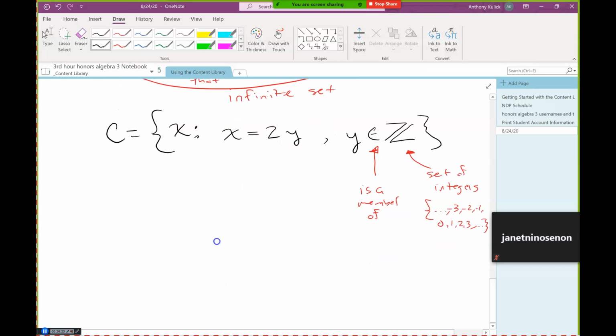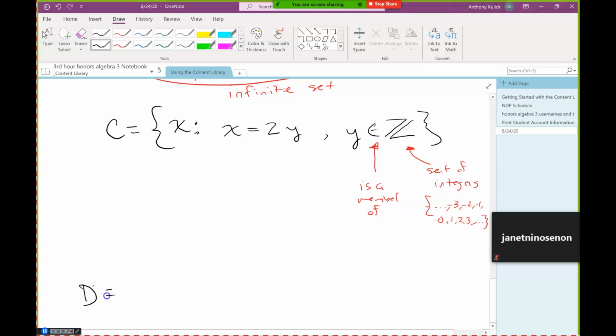What if we wanted the set of odd numbers? So again, if we're just looking for a single number, we'll probably start with the set of x's such that. What's our defining characteristic for an odd number? They're not multiples of 2. So can I represent not multiples of 2 with an equation like I did before?